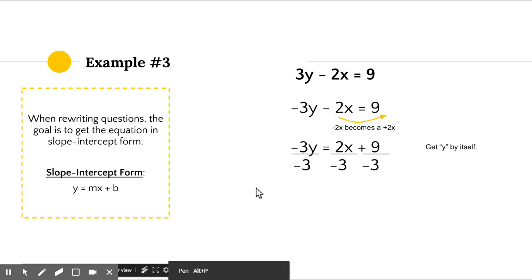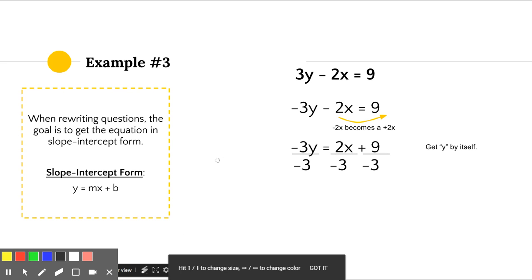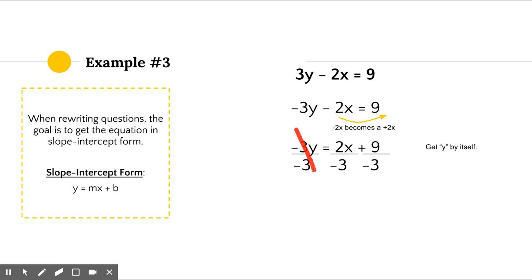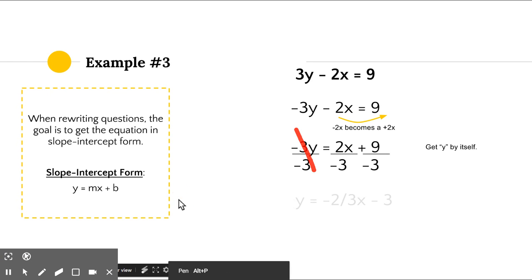And so I divide everything by negative 3 because this negative 3 and negative 3 both become 1, which leaves y by itself. And 2 over negative 3 can't really reduce anymore, so we just leave it. But 9 divided by negative 3 can become smaller, and it can become a negative 3.